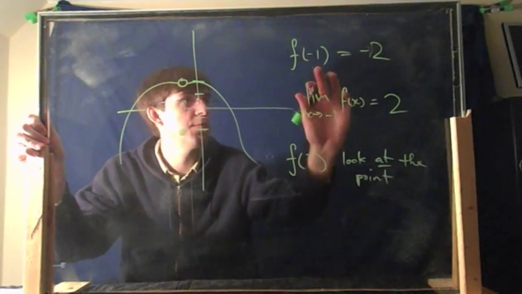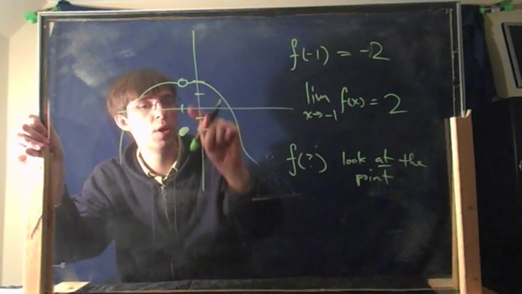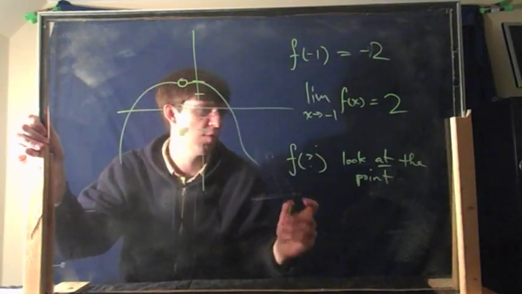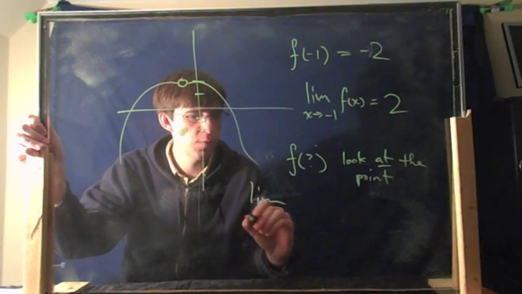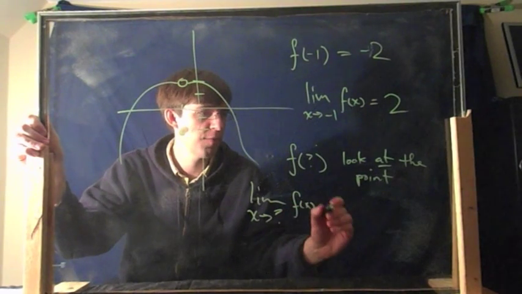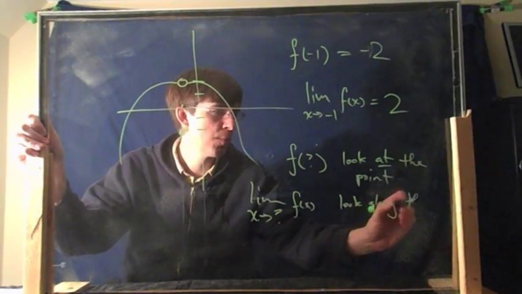So up here, f of negative 1, you actually look at this specific point and you choose the filled in dot or the empty dot, or if there's no dots like this, you just look at the curve. Whereas if you are looking at the limit as x goes to somewhere of f of x, for this one, you look along the curve.